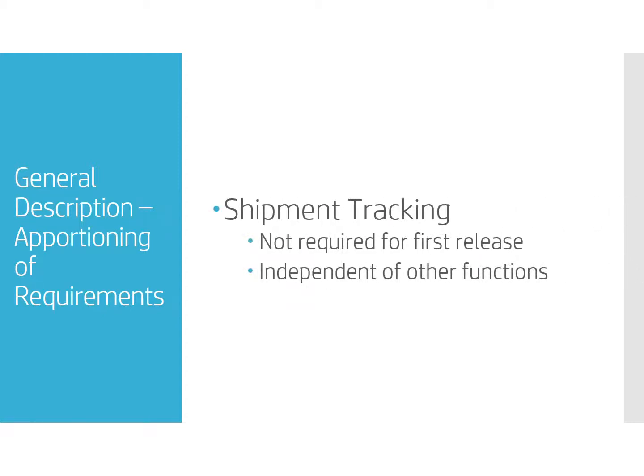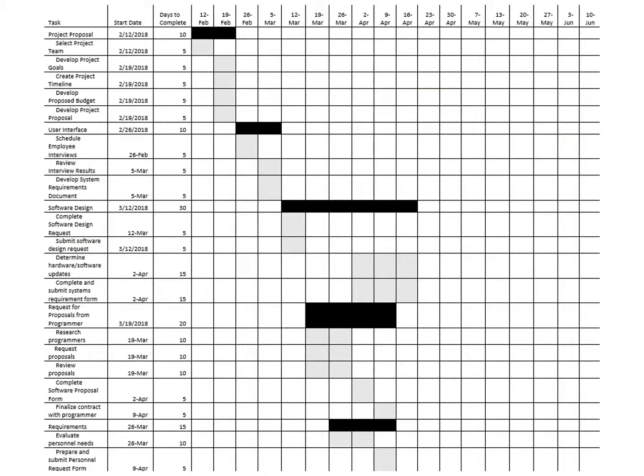If the project is falling behind the 18-week schedule, the tracking feature in the shipping system could be pushed off to the second release of the system. The tracking system is independent of the other functions and not necessary for the first release.